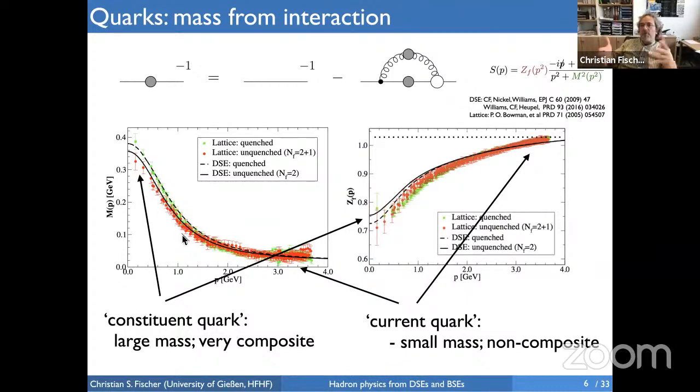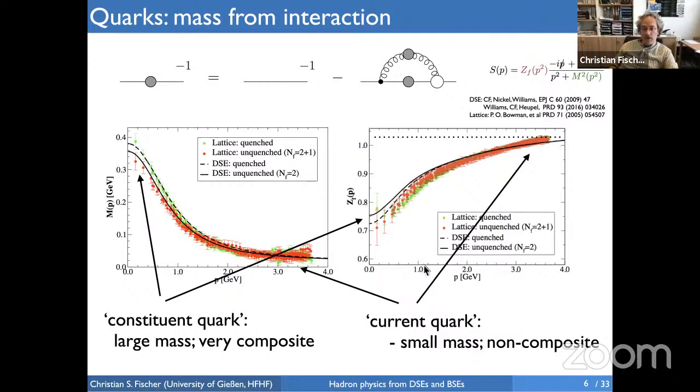So the quark looks very different at different momenta. And also its wave function looks different. At large momenta, the wave function is close to 1. And the wave function is actually a measure of the compositeness of a particle. If it's close to 1, it means that it's just a particle, just your current quark, your quark without much around.